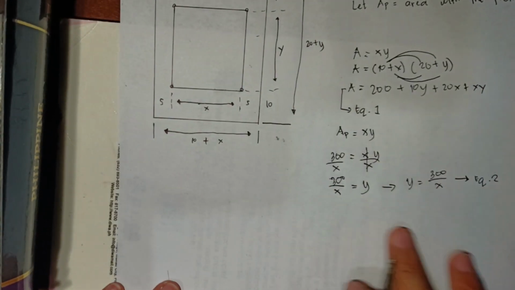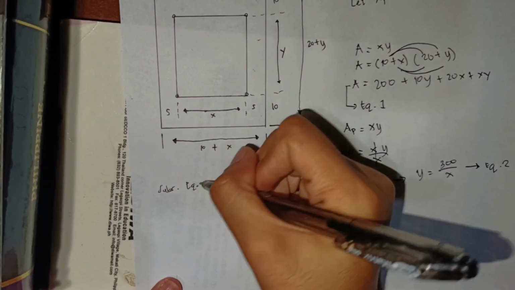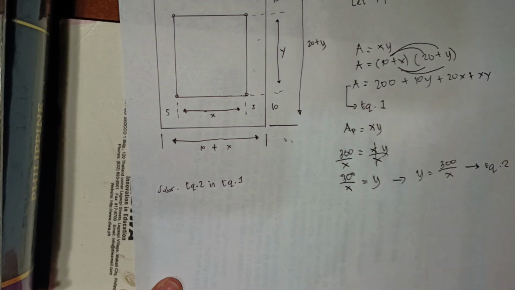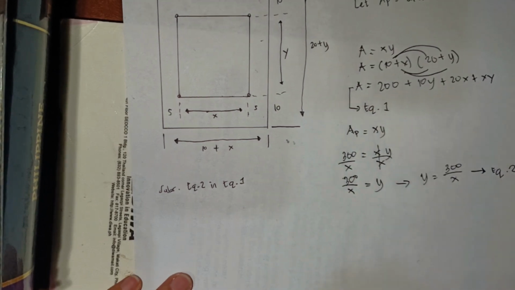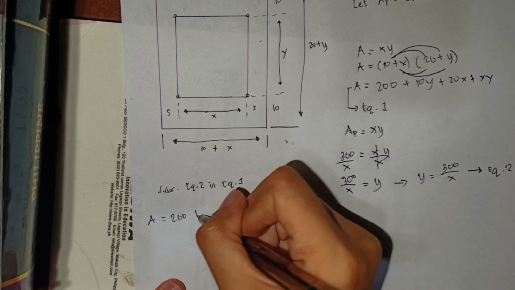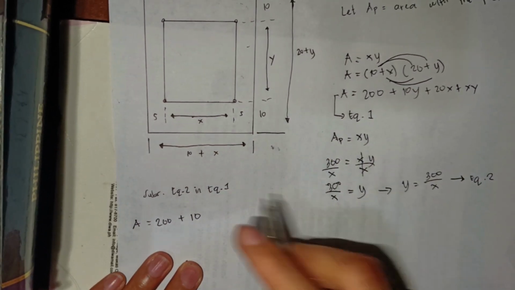Now, let's substitute equation number 2 in equation number 1. So, A is equal to 200 plus 10 times the value of y.